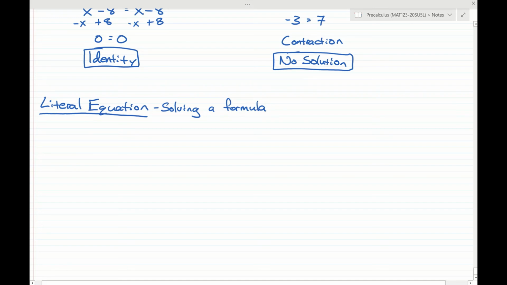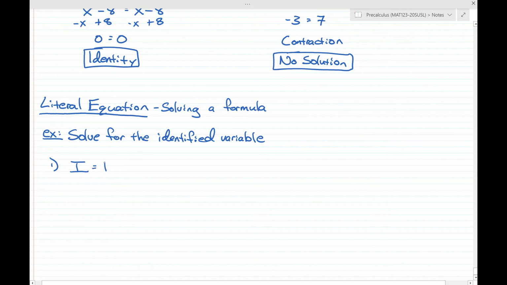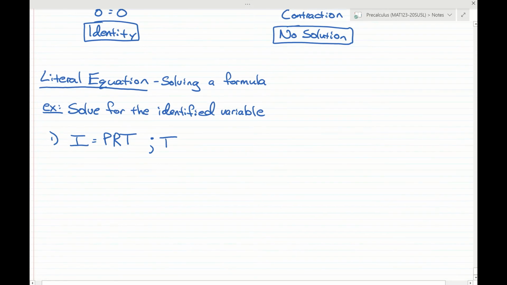So for example, if we take simple interest, the directions would be to solve for the identified variable. So like if we had simple interest, where interest is equal to the principal times a rate and time, and we want to solve for t. That's how it would be written.